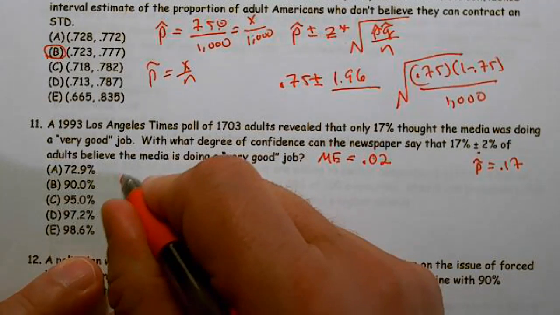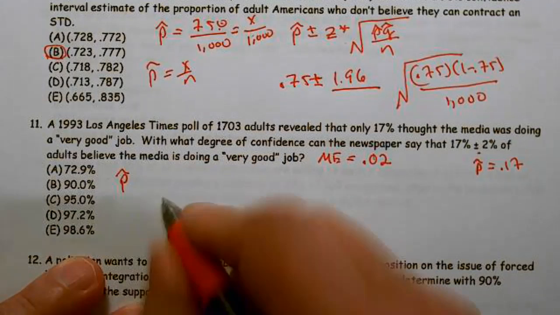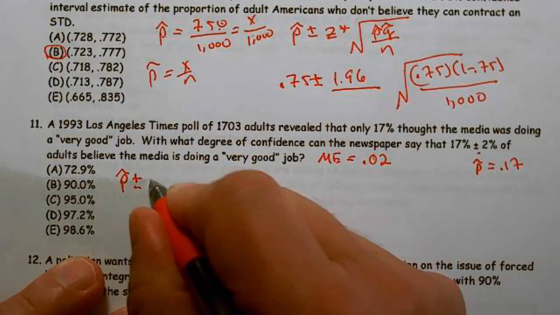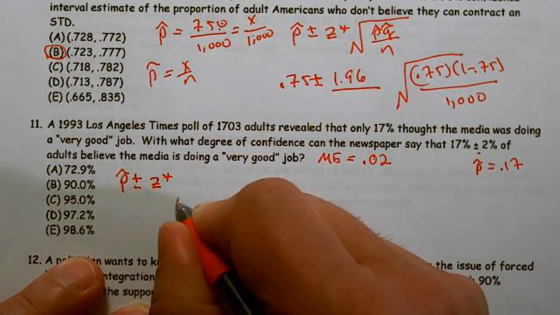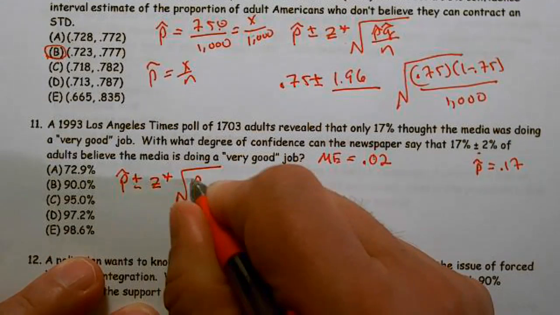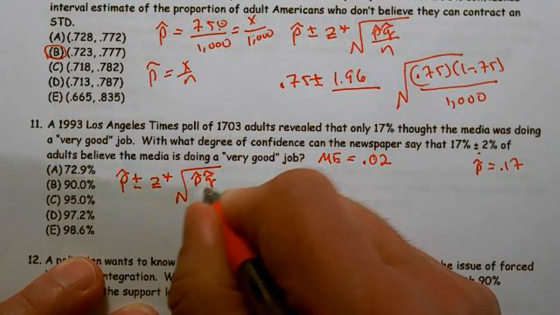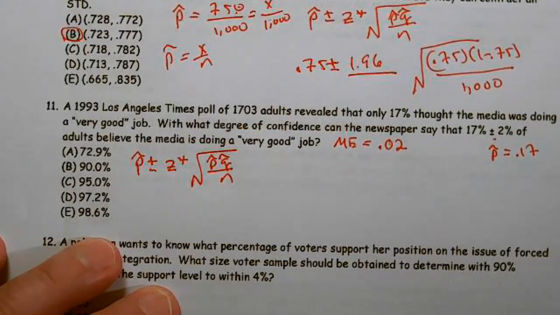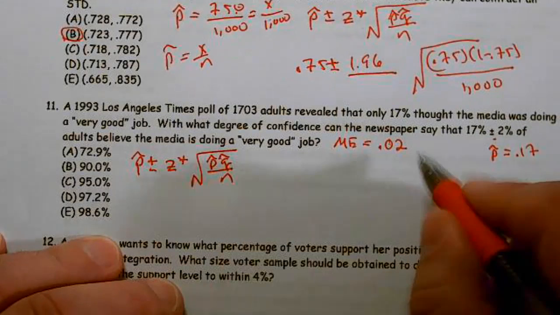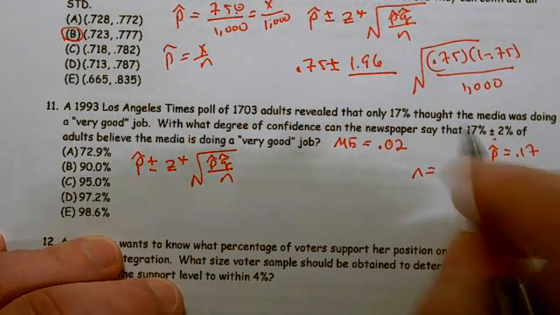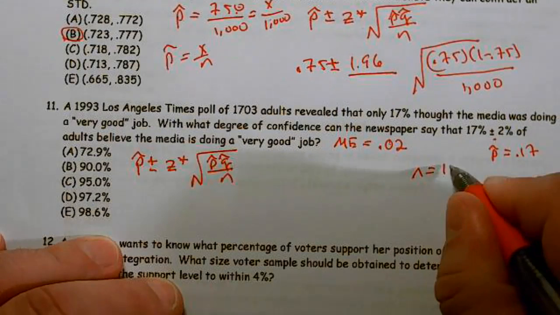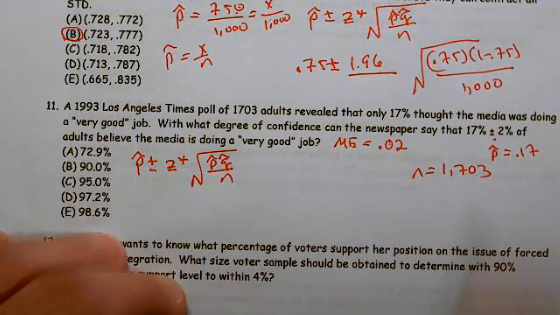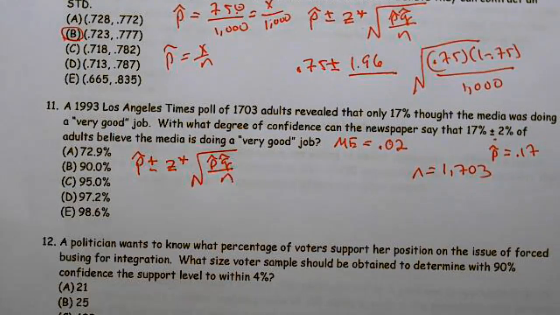Here's what we know. We have our equation is p-hat plus or minus z star square root of p-hat q-hat over n. And we also know that n equals 1,703. And I'm going to get a separate sheet of paper so I have enough room to do this work.